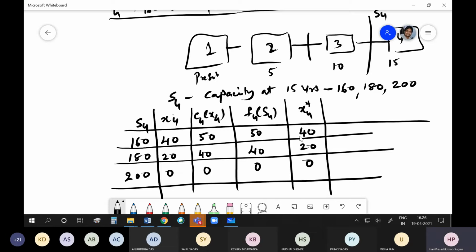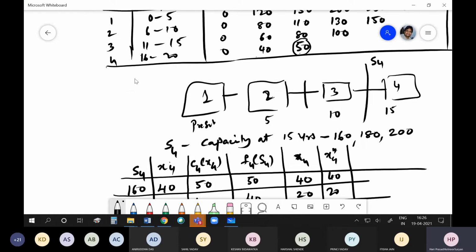This is X4, this is X4 star. This is nothing but 40, 20, 0. When I come to S3, I will tell you what you have to do, where you will get that maximum. Okay, now let us see S3.